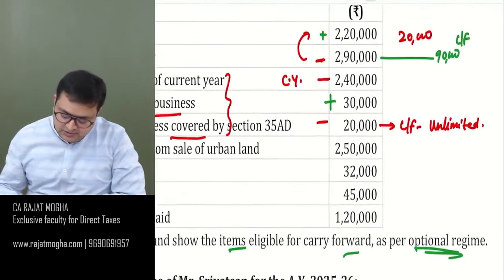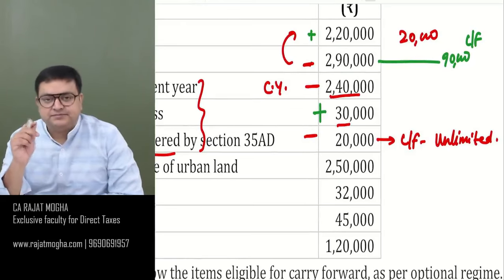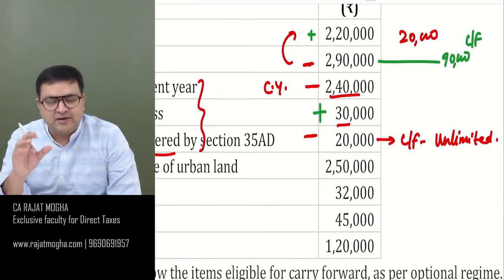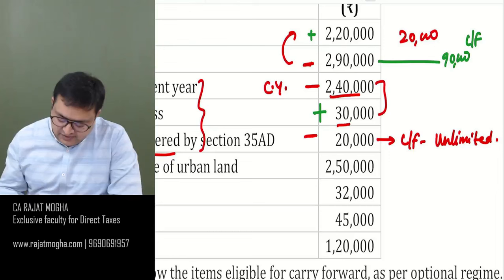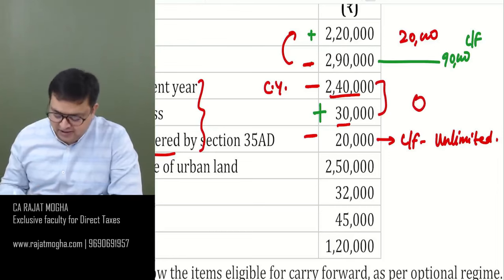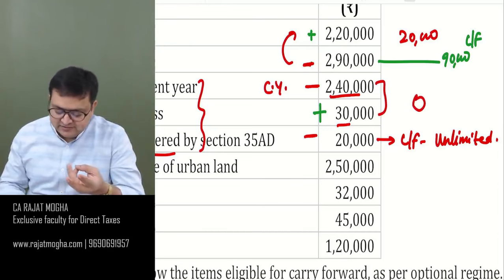Now, 240 is the normal business loss. 30,000 is the speculative. Can it be set off? Yes. So it can be set off. My PGBP income will be nullified to 0. Why? Because there are only 3 PGBP. 2 have losses. This 240, 20,000 has losses.